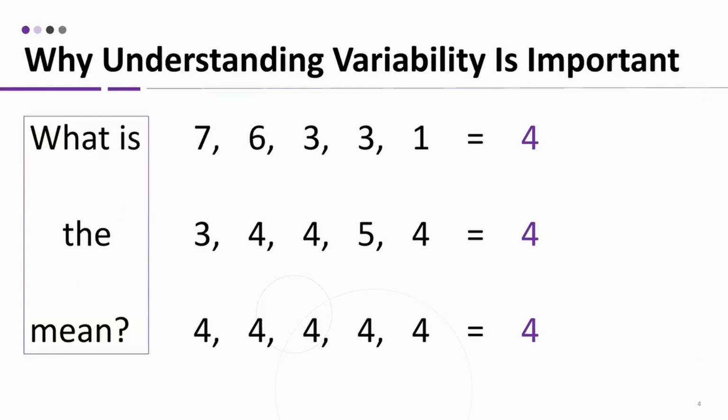We need something to go along with this mean of 4 and say, yes, the mean is 4, the average of these values is this, but the values themselves are spread out in this way. They vary in this way. So that we can differentiate between this group of all 4s and this group of 7, 6, 3, 3, and 1. Because there is quite a difference if we are to look at those groupings as a whole.